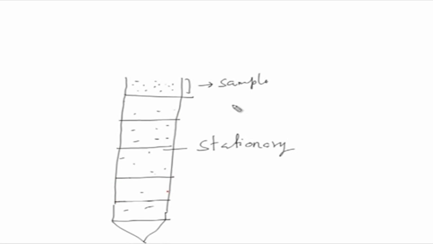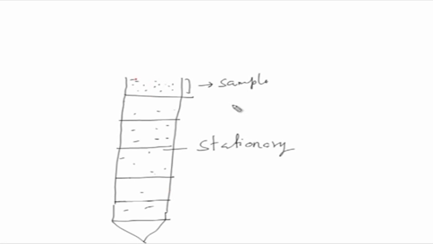Now, this could be called the sample, or your mixture of analytes in a mobile phase. This could be the stationary phase. Now, if I divide this column into different separate zones, just to depict and understand the whole thing.